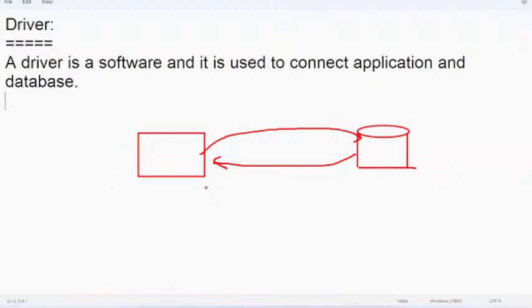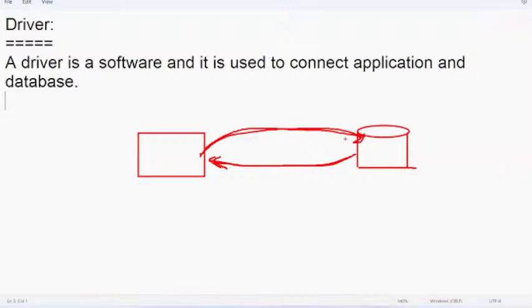For traveling purpose driver required. Like that here also driver. That is the reason only driver. This driver software will take care of data. So data travels through driver. That is one software. So that is the reason it is named driver.